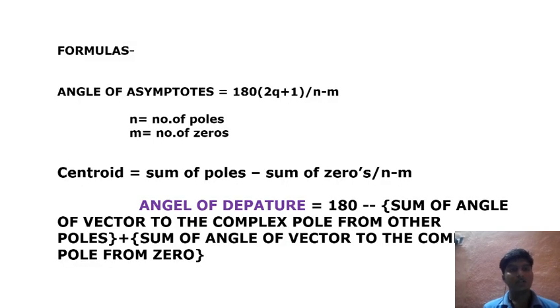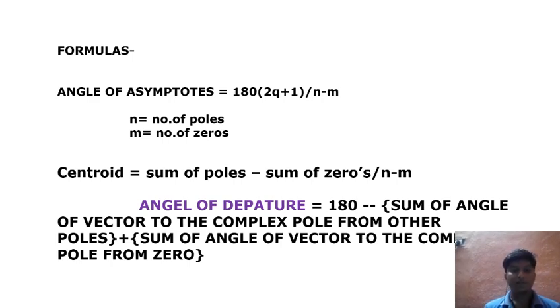We can see the formulas for the root locus. The angle of asymptotes is equal to 180 times (2q plus 1) divided by (n minus m), where n is the number of poles and m is the number of zeros. The centroid is the sum of poles minus the sum of zeros, divided by n minus m.